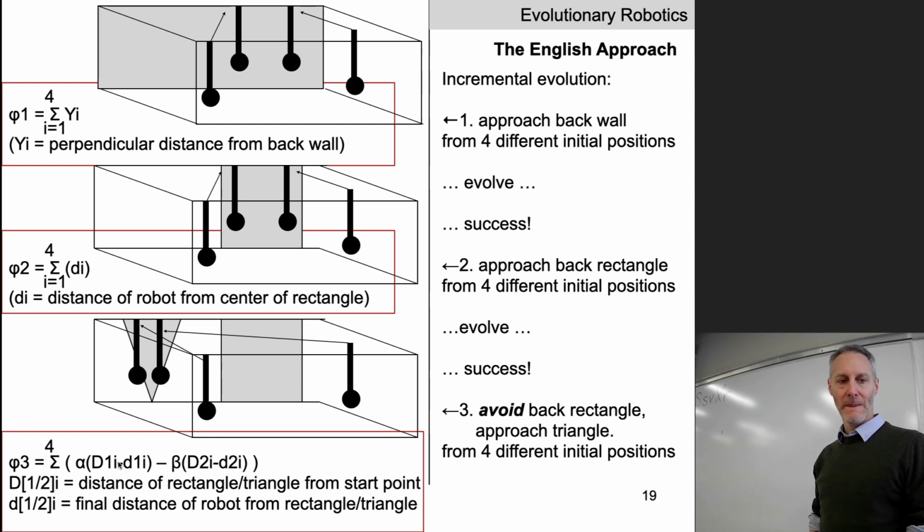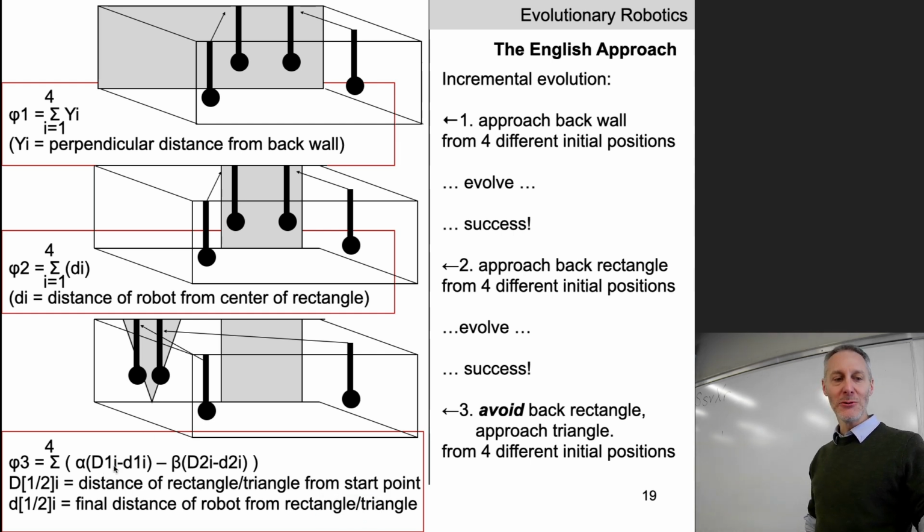Moving further away from whichever object 1 is. So d1/2, distance of rectangle/triangle. So 1 is for rectangle and 2 is for triangle. They should have just used R and T, but there you go.